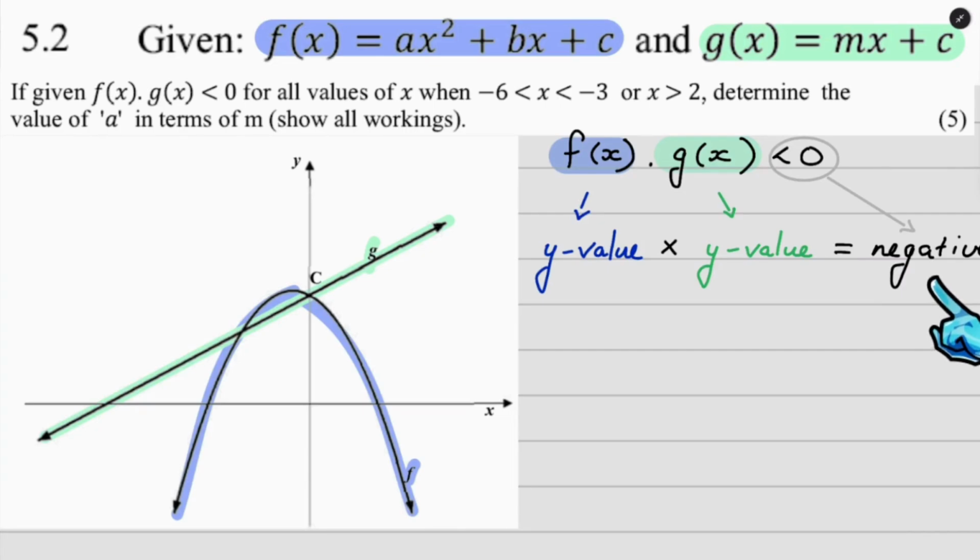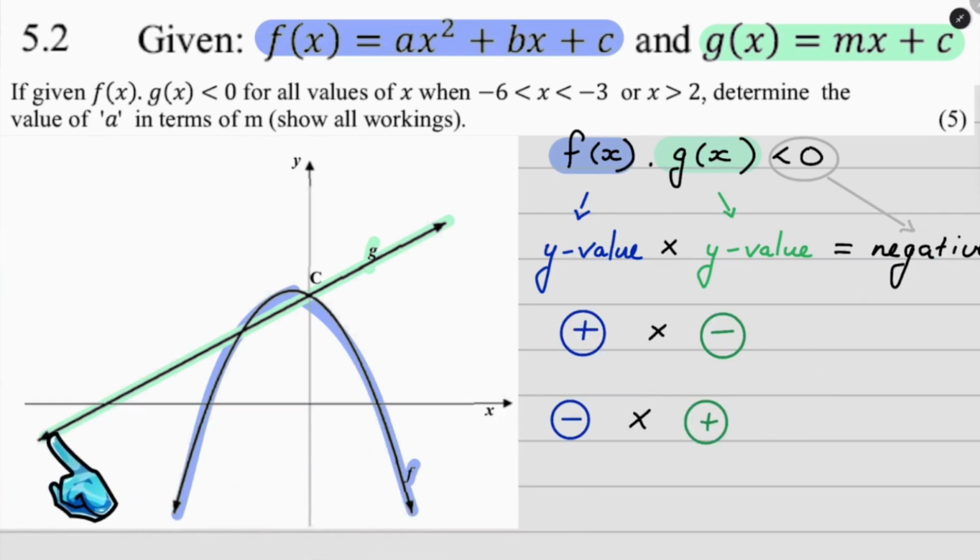To analyze that even further, you start scanning all the way on the left of the graph. On the left of the graph here, I've got a negative y value, and the parabola will be down there, and it's also got a negative y value. So it's not happening down there, because I've got a negative y value times a negative y value.